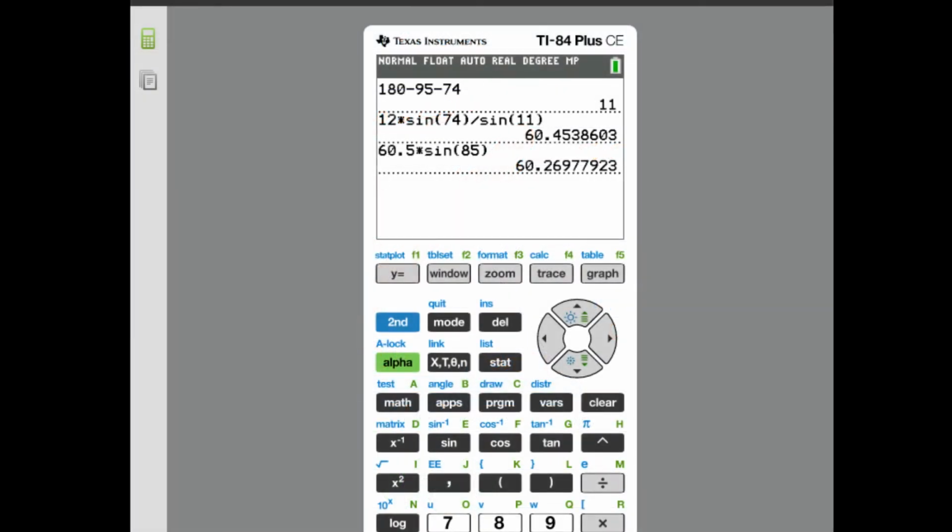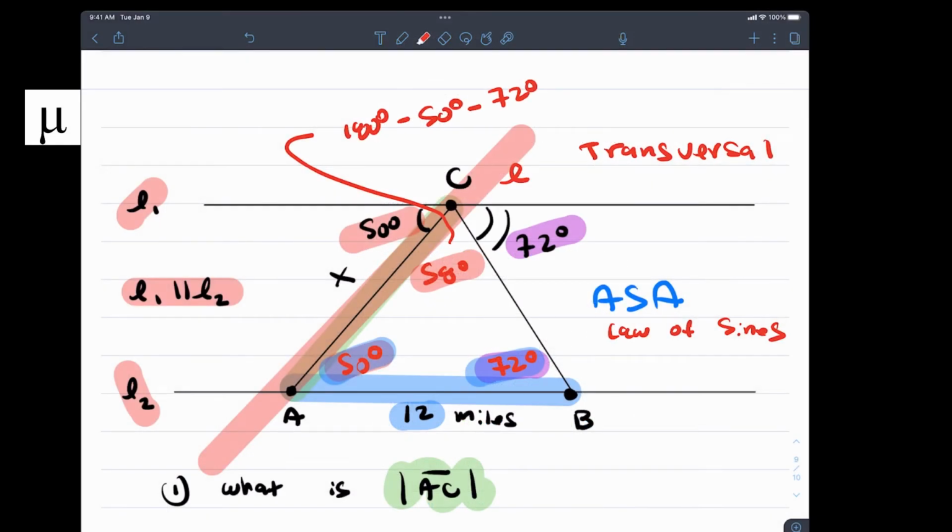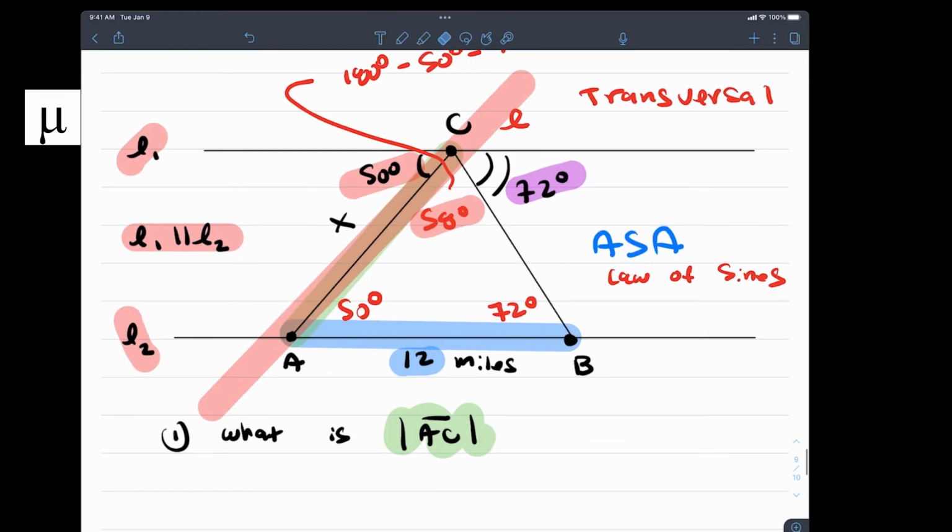It's always a good idea to get that angle: 180 minus 50 minus 72, and you get 58 degrees. Here you go. And there it is. So far, so good.